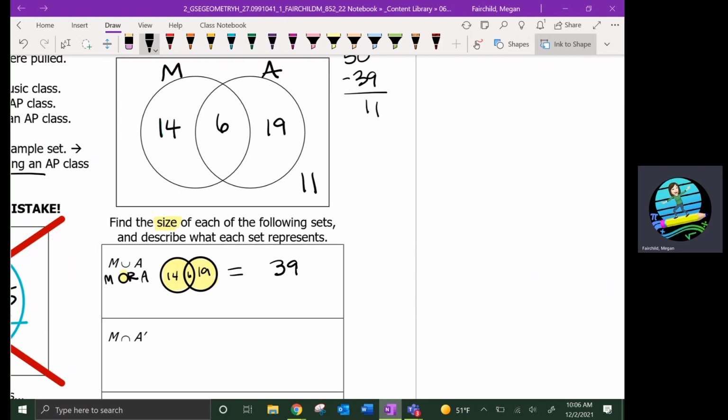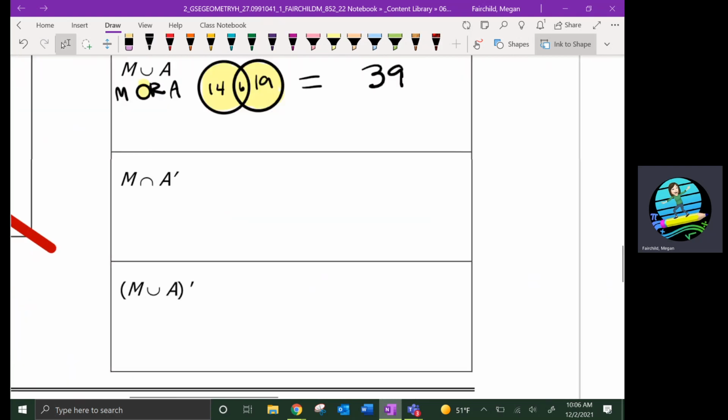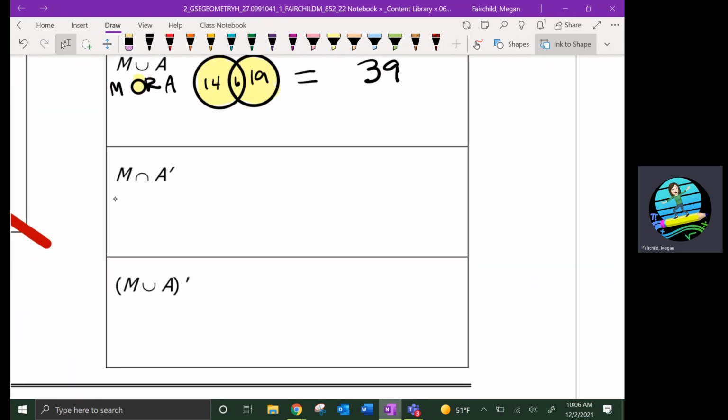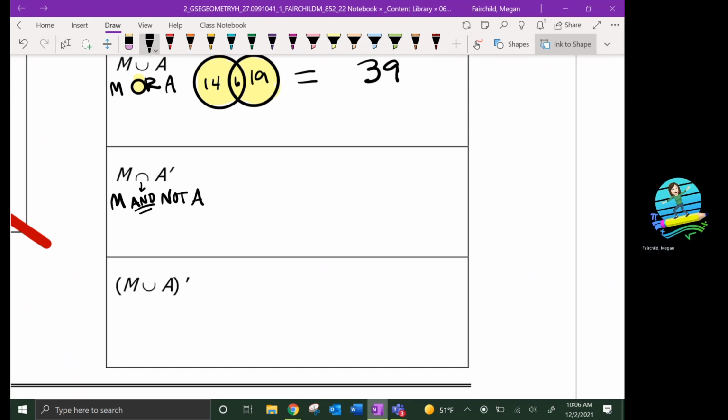Now that next one gets a little ugly. What does that apostrophe mean? Not. So we're saying M, what is this upside down U mean? And, good, intersection. And not A. So here's where your shading comes in handy.